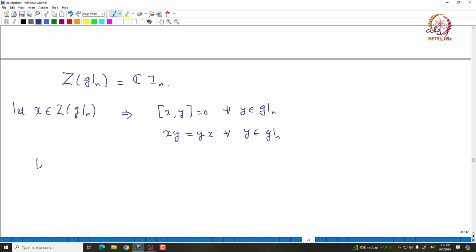Okay. So, let lambda be an eigenvalue of x, which exists because we are working over complex numbers, with the eigenspace. The eigenspace by definition must be non-zero, which we denote by V_lambda.